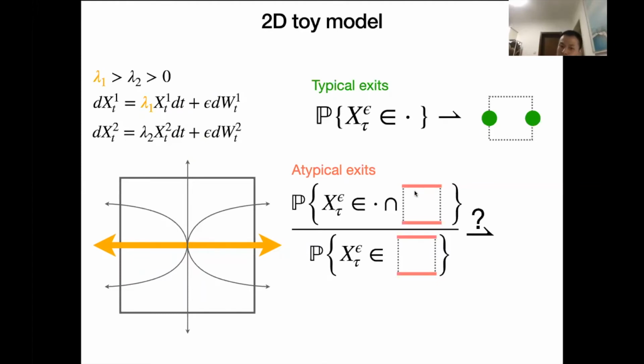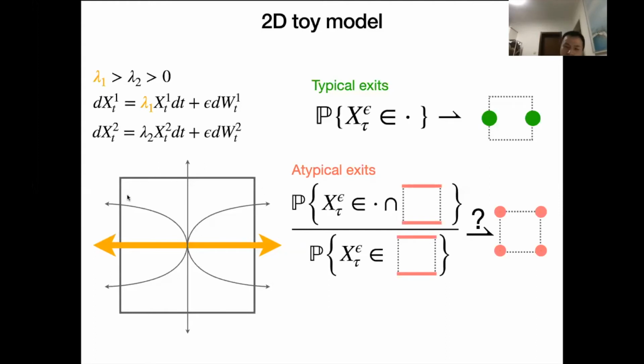Then we know that the exit from the top and the bottom edges is going to be atypical. So we want to ask what the conditional distribution is, conditional on exiting from the top and bottom edges. We know that typically it exits through the most unstable direction, so it may be reasonable to guess that this is going to concentrate on the 4 corners, right?